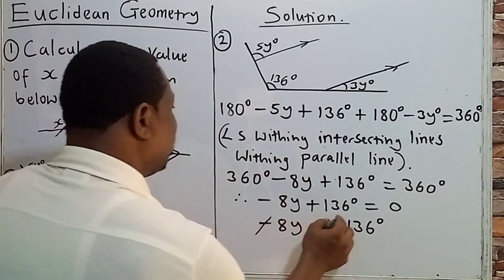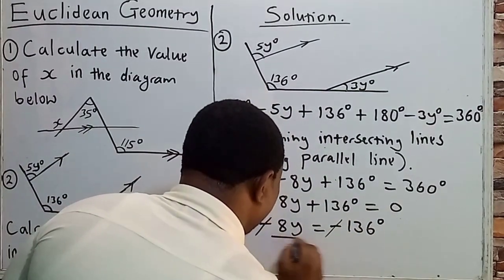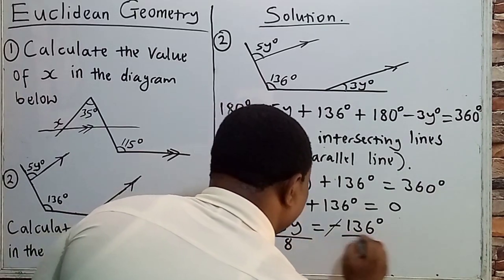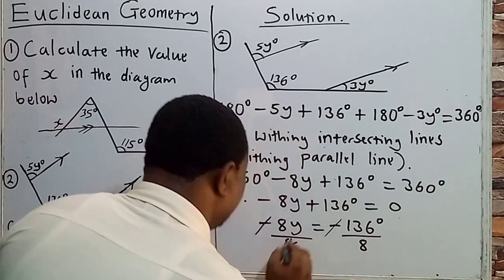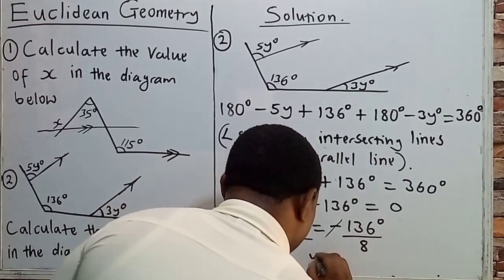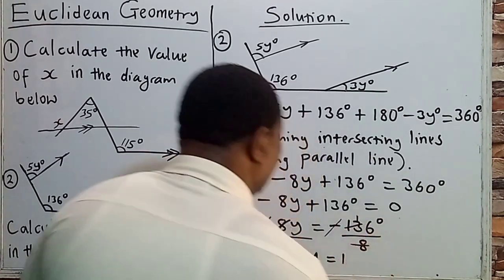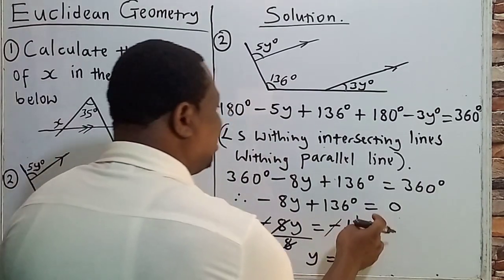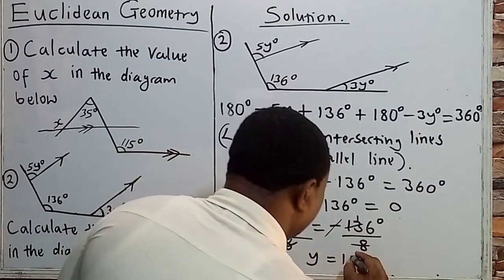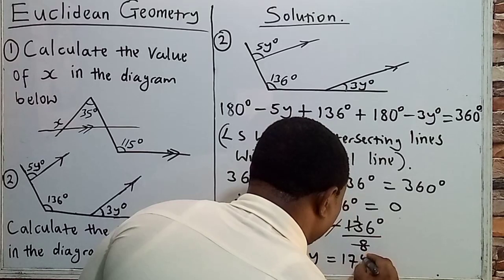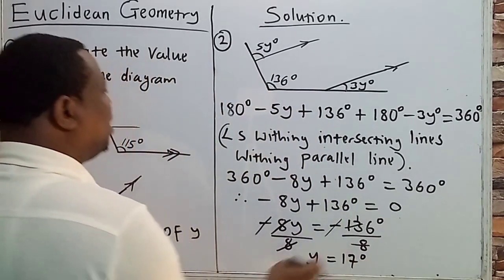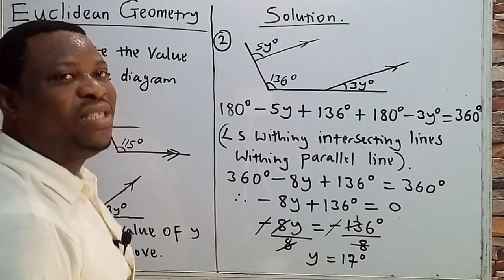So therefore, minus will cancel minus. And here, if I divide both sides by 8, 8 will cancel 8. 8 can go in 13 one time, remainder 5, and 8 in 56 is simply 7. So therefore, the value of y is 17 degrees.